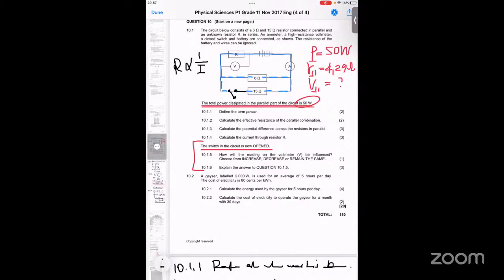So in answering this question, the reading on the voltmeter, let me quickly check, because what I was responding to refers to what happens to the current. But it looks like the question is talking about the reading on the voltmeter V. So let me rephrase and then explain that part.